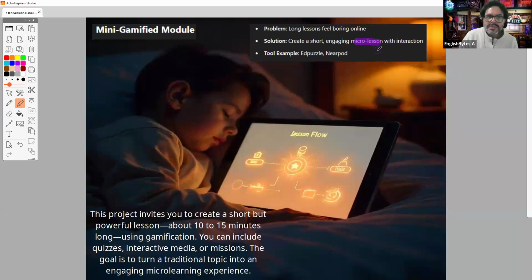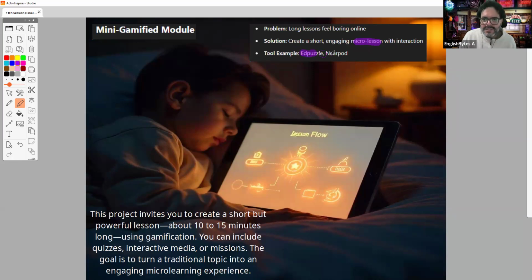What do I mean by this? You can do it with Wordwall, even with Genially, just a short lesson that has a lot of interaction. Imagine, I repeat, it is for children. So the more games it has, the better.